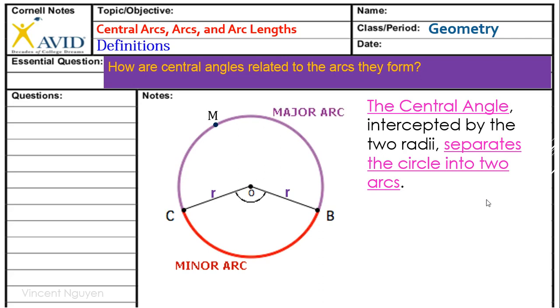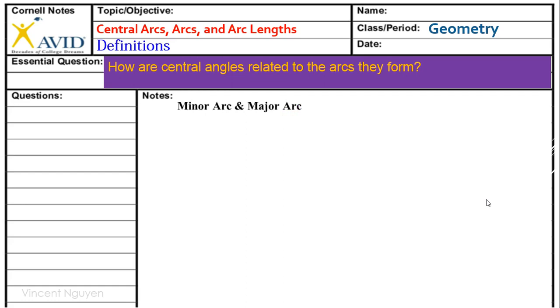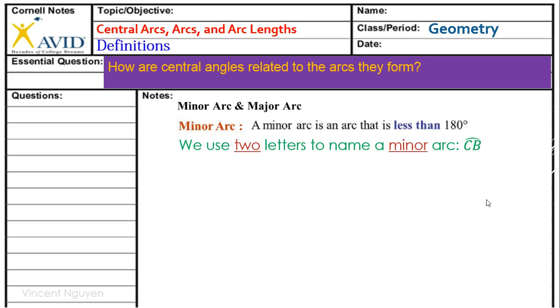The major arc, of course, is the bigger half of the circle, and that's bigger than 180. Now the minor arc and major arc, how do we distinguish when we read a problem? Well, the minor arc, of course, is less than 180, but we use only two letters to name a minor arc. And that's how we distinguish between the two.